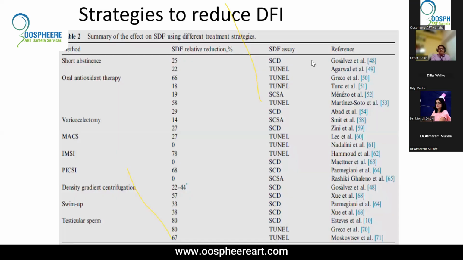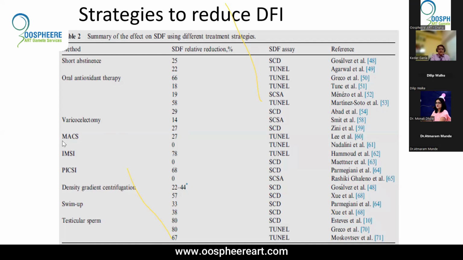Now, this slide is very, very important. When you have a short abstinence, sperm DNA fragmentation automatically reduces by 25%. Oral antioxidant therapy can be effective, ranging from 6 to 18 or 19%, depending upon the type of antioxidant and type of abnormality. Varicocele repair, again 27%.